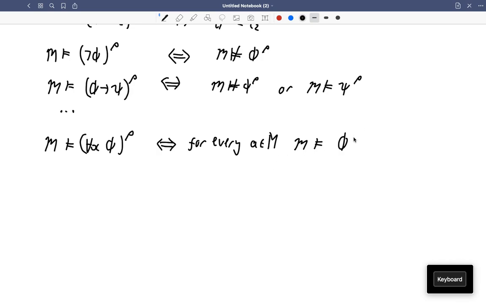So we say that by phi is true in the environment rho, so rho's assigning values to all the variables, except we change the value of rho potentially on the variable x. This is called updating the environment. We update the environment rho so that x takes the value a. And now we're really checking what we want to check: that phi is true in the structure M for every possible instantiation of x.